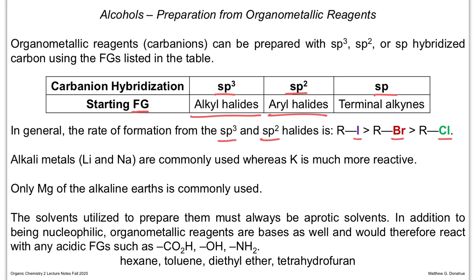I would say the group 1 metals are the most common, so lithium, sodium, potassium. So for this group here, reactivity increases going down the group. So potassium ones are the most reactive, sodium less so, and then lithium the least.